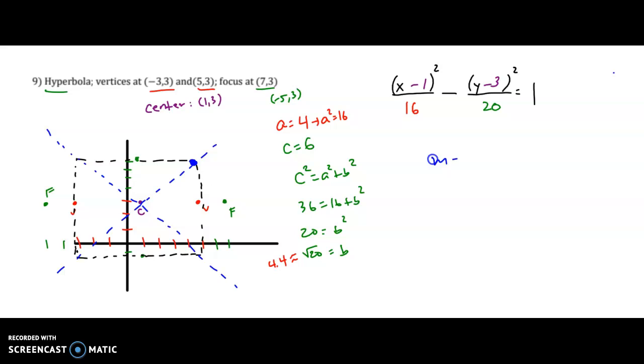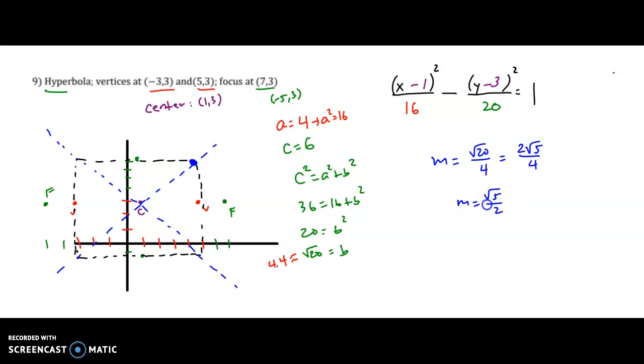So the slope is square root of 20 over 4. Now, if you want to simplify that, square root of 20 simplifies to 2 root 5 over 4, and the 2 over 4 simplifies to 1/2, so this is square root of 5 over 2.